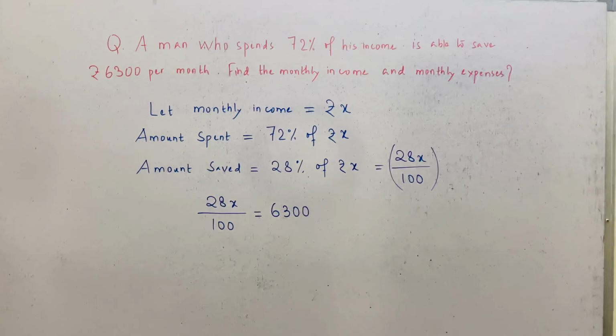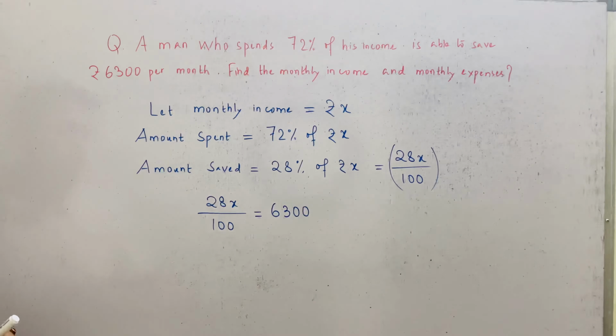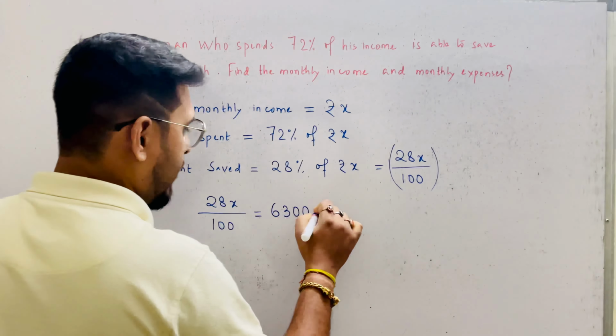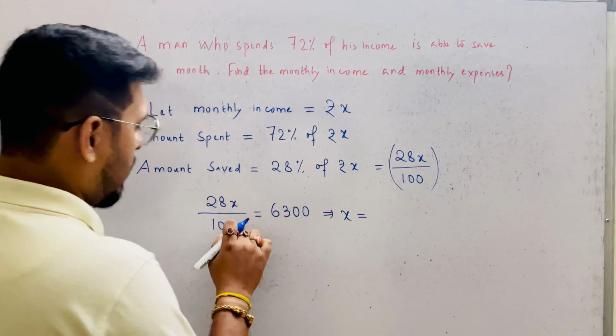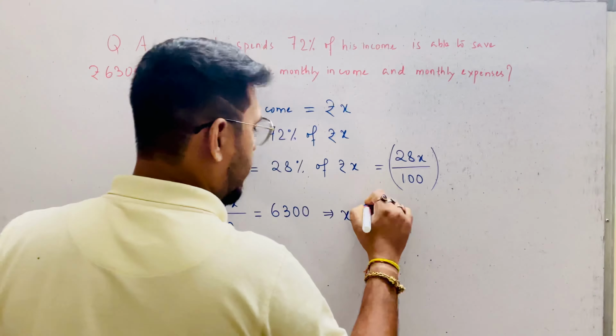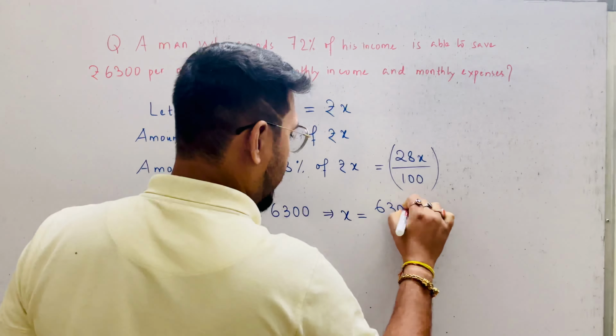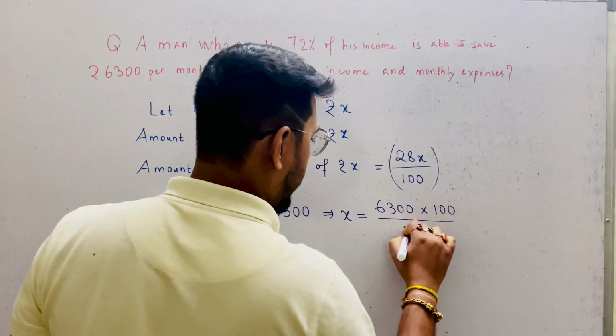Now, let's directly get x from here. So what will be x? The 100 will go to the numerator, 28 will go to the denominator. So 6,300 into 100 divided by 28.